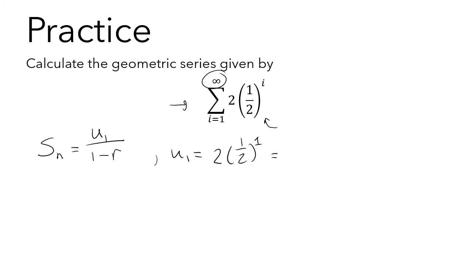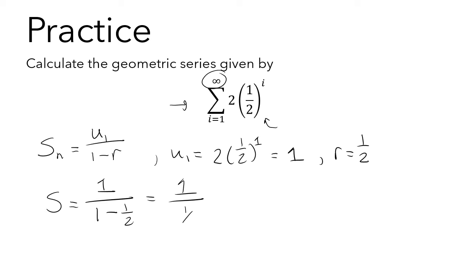That's going to be 1. And then my r, or my ratio, is 1/2. So now I can figure out the sum is going to equal 1 divided by 1 minus 1/2, which is 1 over 1/2, which equals 2. So my sum is 2.